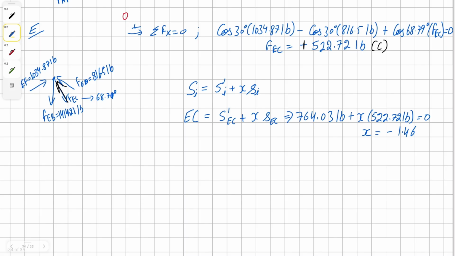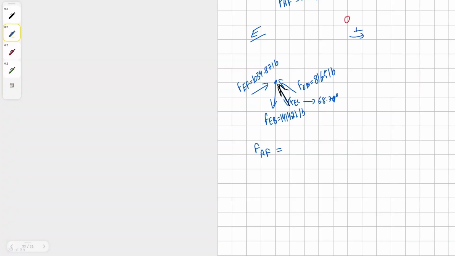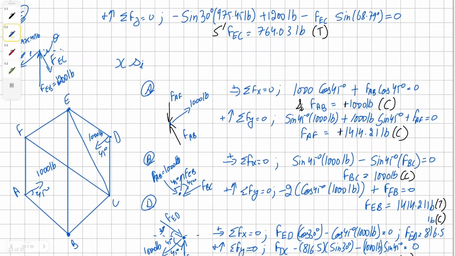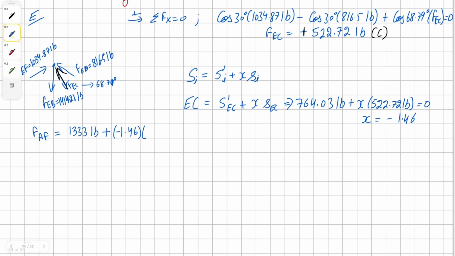Now since we know our X, using the values of the S prime and the petite S we found earlier, we can find our forces in the members of this complex truss. So our member AF is going to be 1033 pounds plus our negative 1.46 times the petite AF we found, which is 1414.21 pounds.